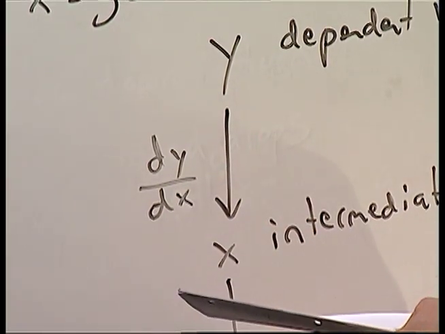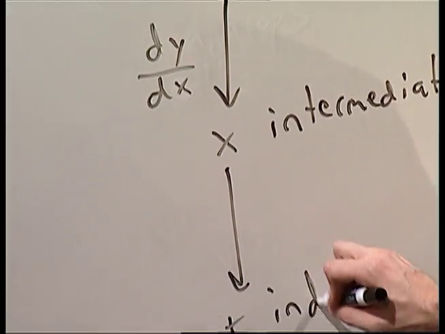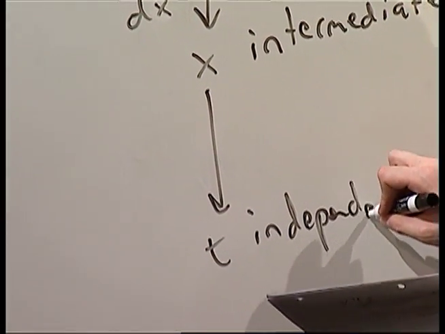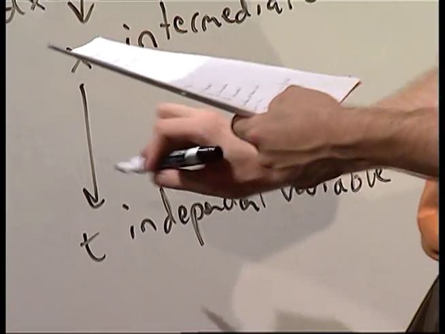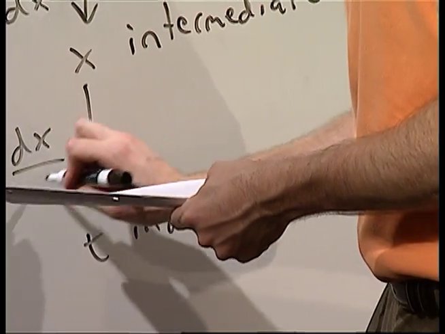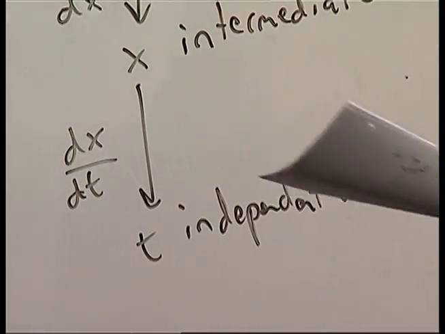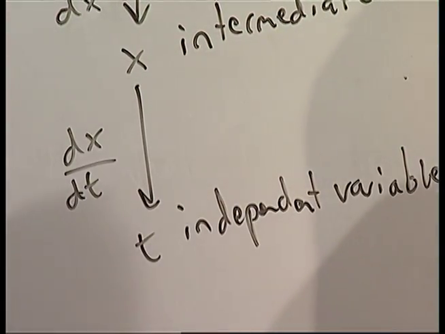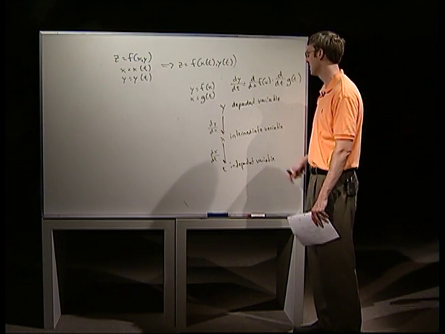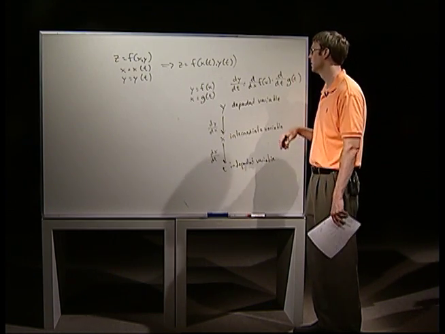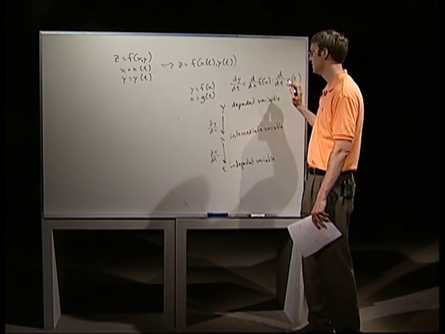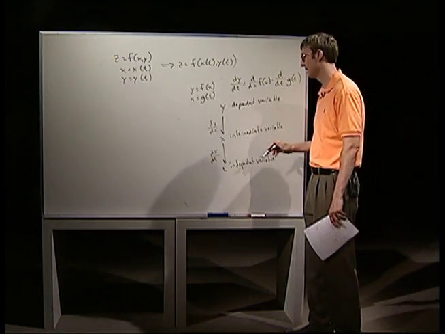And then at the end, we have our independent variable t, so dx dt. And notice, what does the chain rule say? The chain rule is the product of dy dx and dx dt, right? So this is dy dx, this is dx dt. Multiply them together, get a chain rule.